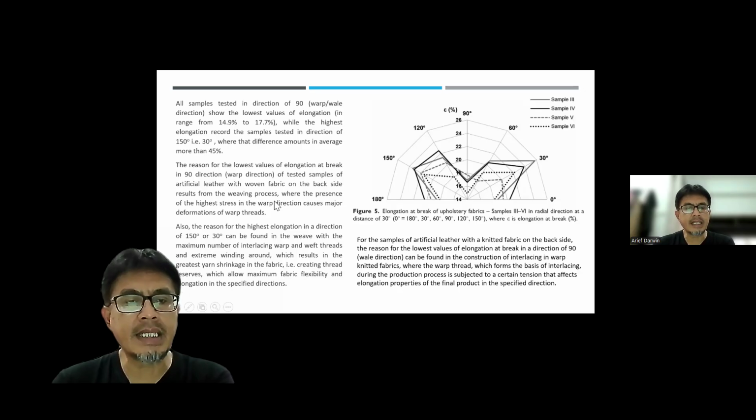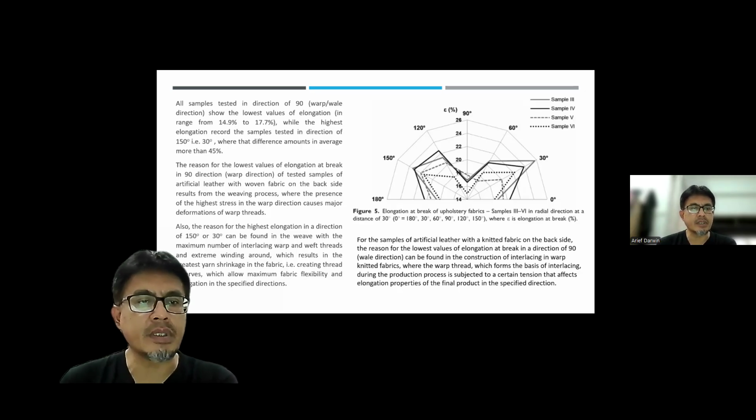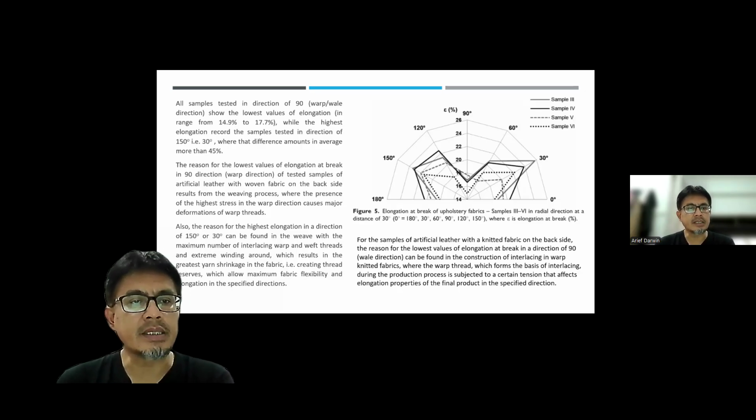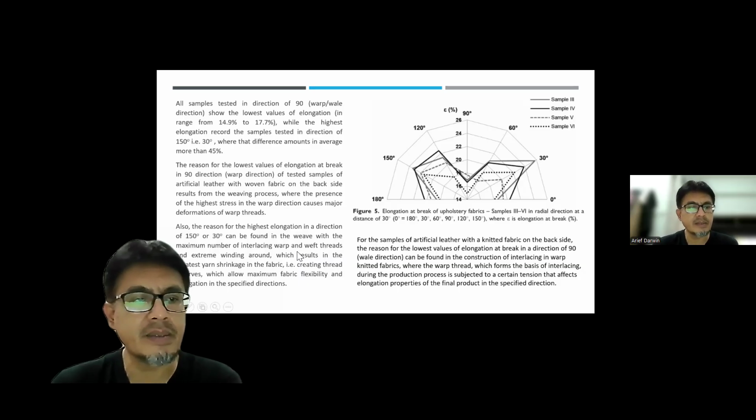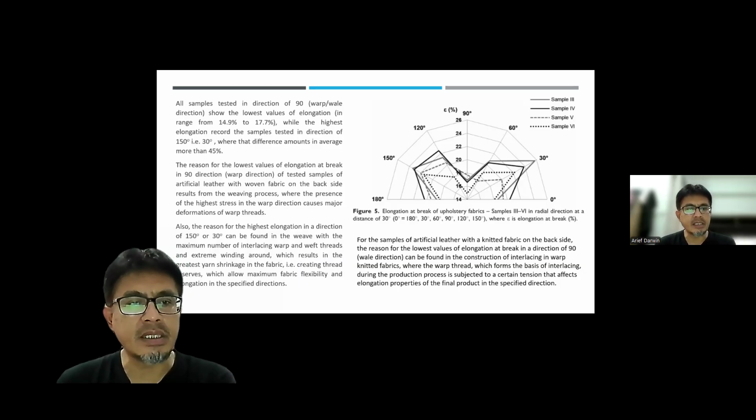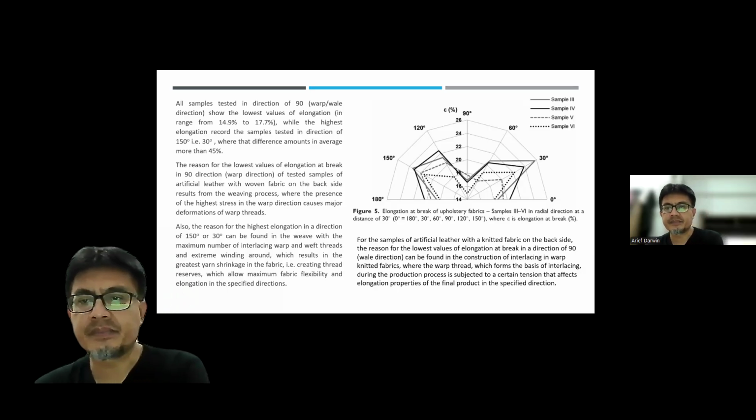Also, the reason for the highest elongation in the direction of 150 degrees or 30 degrees can be found in the weave with the maximum number of interlacings of warp and weft threads and extreme winding around, which results in the greatest yarn shrinkage in the fabric, creating a thread reserve, which allows maximum fabric flexibility and elongation in the specified direction.